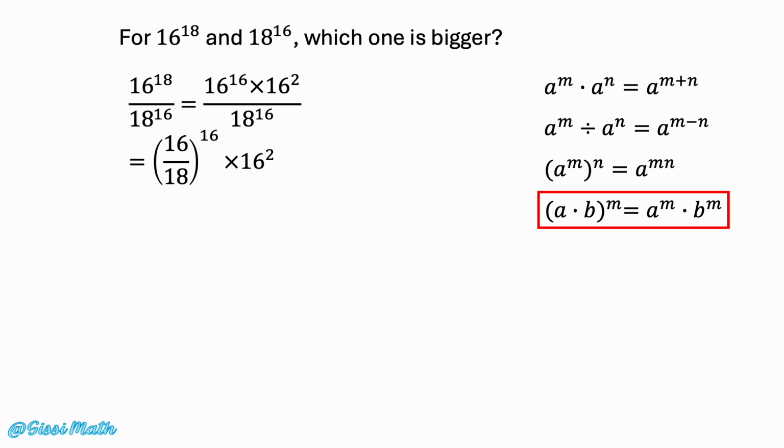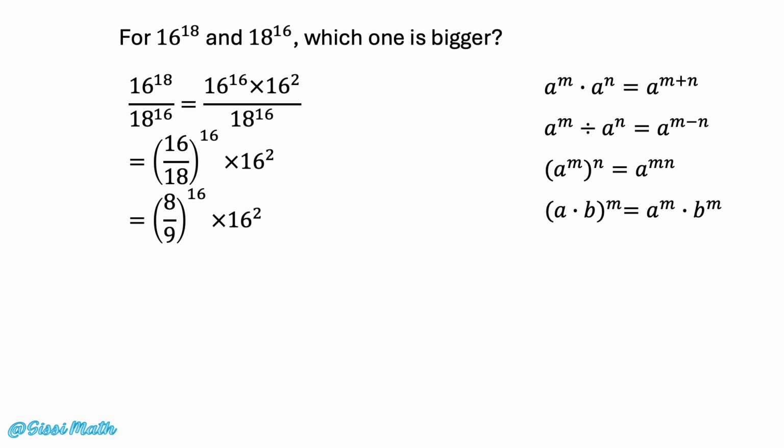And then we take the power 16 outside, and we have the fraction 16 divided by 18, and outside the bracket we have the power of 16. This is based on the last formula, in the right part.